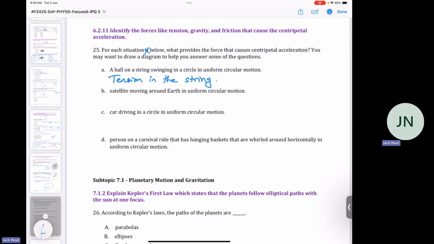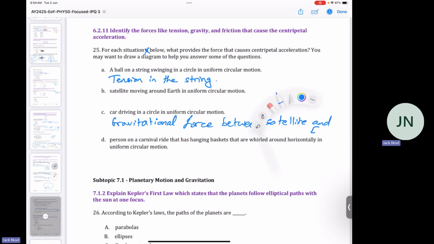So we can write here gravitational force between satellite and Earth. We wrote it in the wrong place, it's all right.